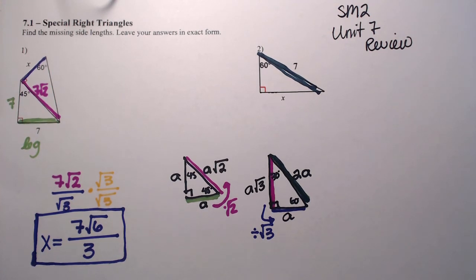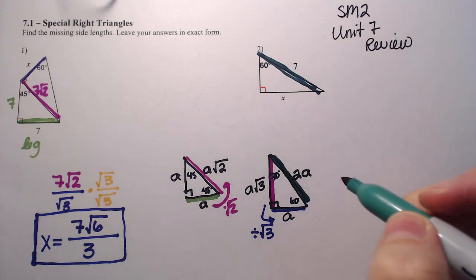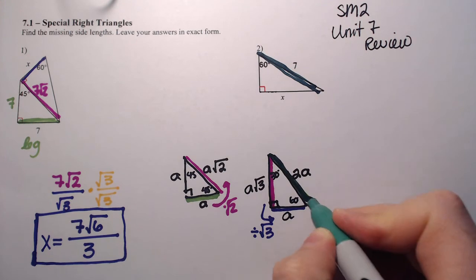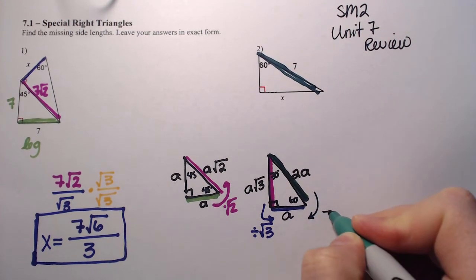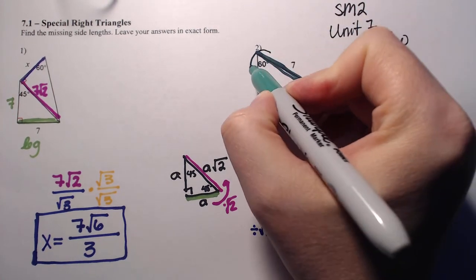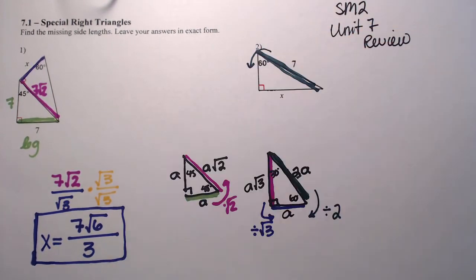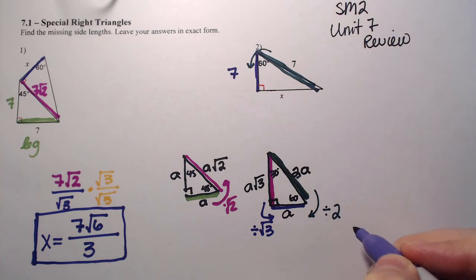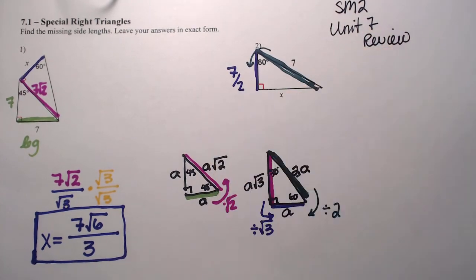So to do that, I first have to go to the short side, because you don't go from the hypotenuse to the long side. So if I'm getting smaller, I'm dividing by this number, 2. That's going to get me to that side, which is purple. So this is 7 divided by 2, or 7 halves. You could also think about it as 3.5. That's fine as well. I'd take either answer.